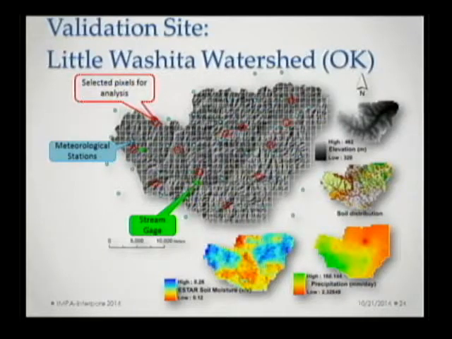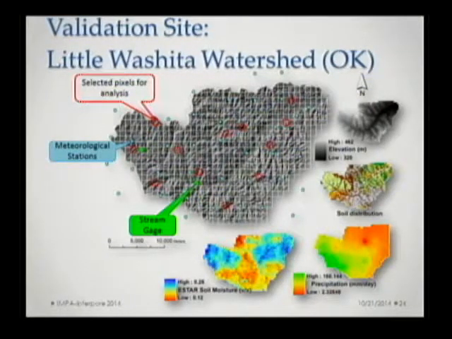We also had some meteorological stations, and there were a couple of stream gauges there, using data from which we tried to close out the water balance. Right. And I'll be showing just results from 12 selected pixels.